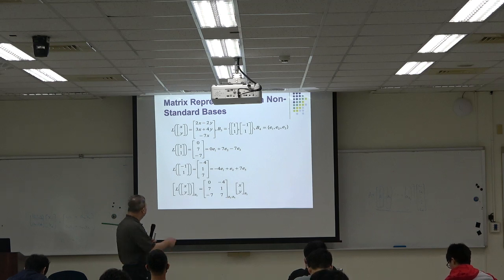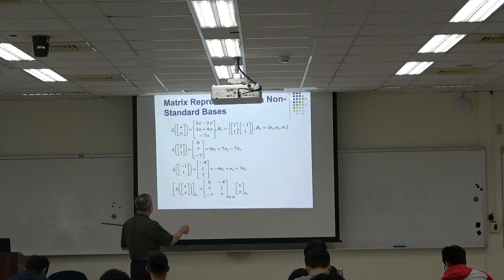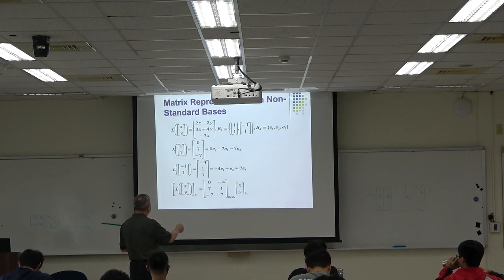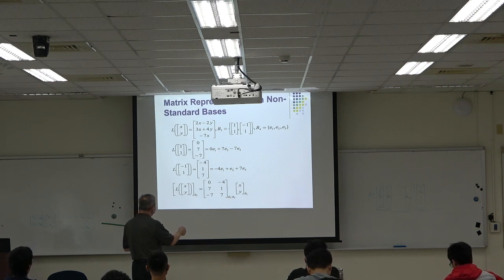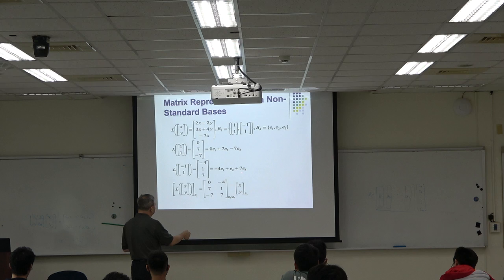So you plug in the first vector in the basis B3, and you get this one, which is obviously 0 E1 plus 7 E2 minus 7 E3. And the second vector from B3, you plug in here, use the linear transformation, and you get negative 4 E1 plus E2 plus 7 E3.